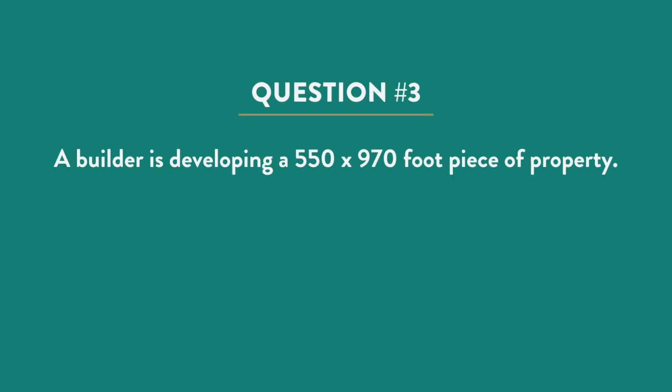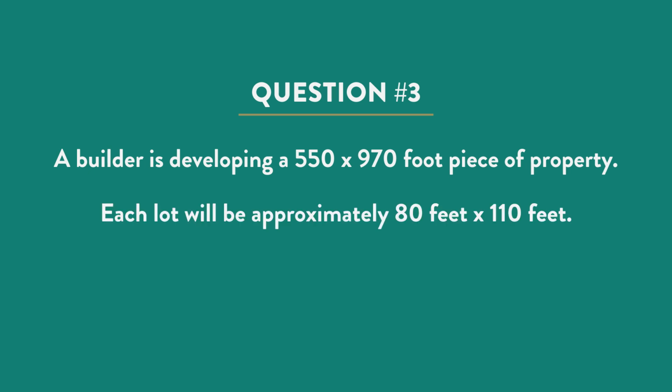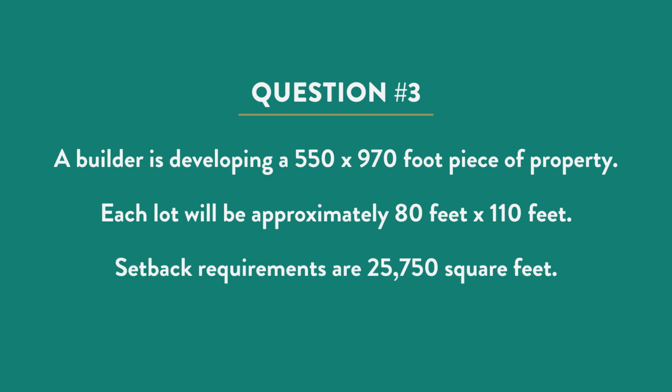In this next question, a builder is developing a 550 by 970 foot piece of property. Each lot will be approximately 80 feet by 110 feet. Setback requirements are going to consume 25,750 square feet.